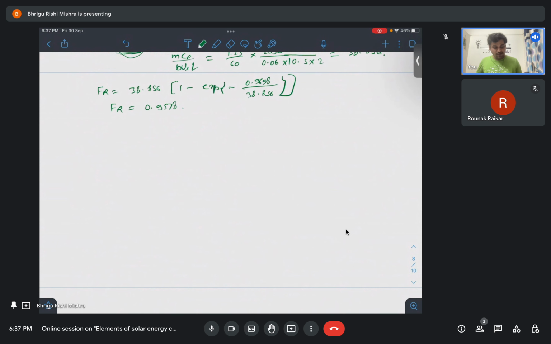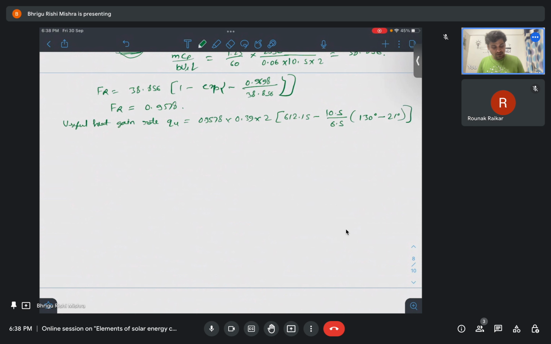So now we have all the values, so we can calculate the useful heat gain rate QU equals FR 0.9578 into W we have calculated 0.39, L is given as 2, S we have calculated 612.15, UL is given 10.5, C is also given 7.5, TFI, that means input fluid temperature, is given, it is 130 degrees, and the ambient temperature is 21.